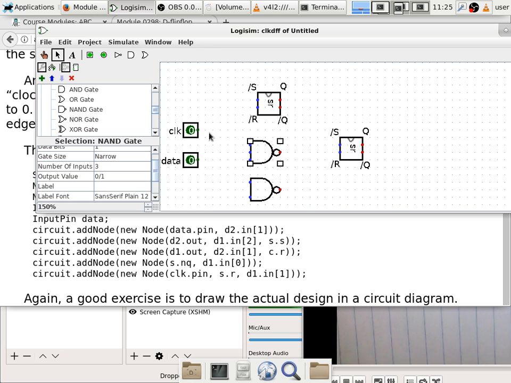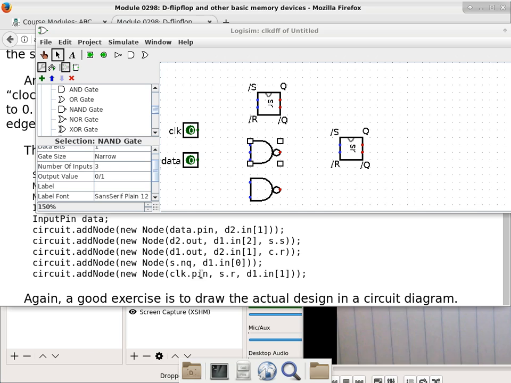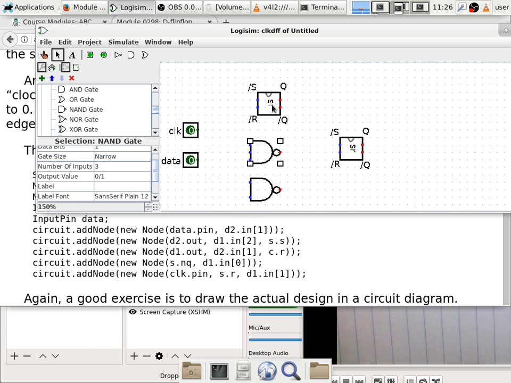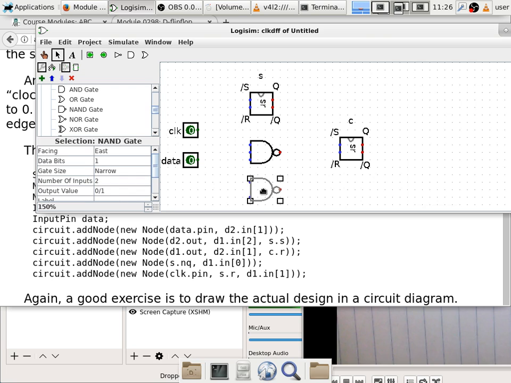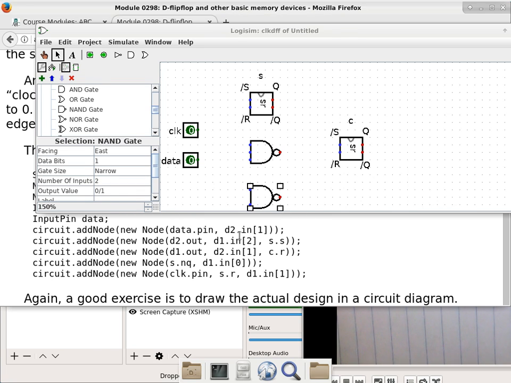Alright, so let's connect the clock and the data pins first. So the clock goes to the reset pin of, by the way, the two SR latches also have their own names. This one is S, and this one is C. There we go. Now we want to figure out how to connect all of these pins.